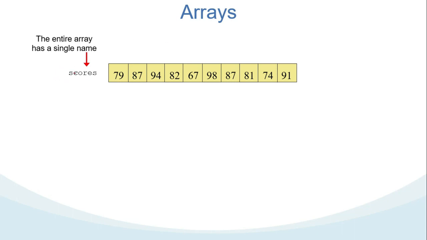Here we call it scores. Each value has a numeric index, starting from 0, then 1, then 2, and so on. It also has elements, the ones inside. This is the element 79, 87, 94, and so on.